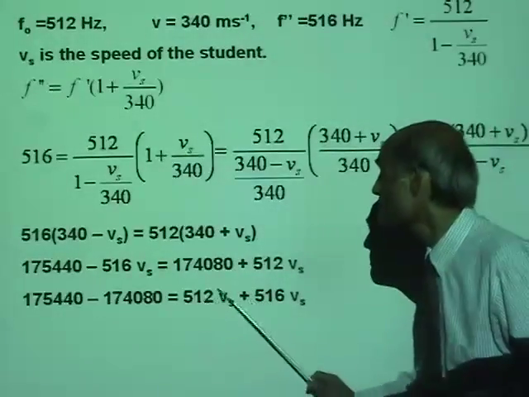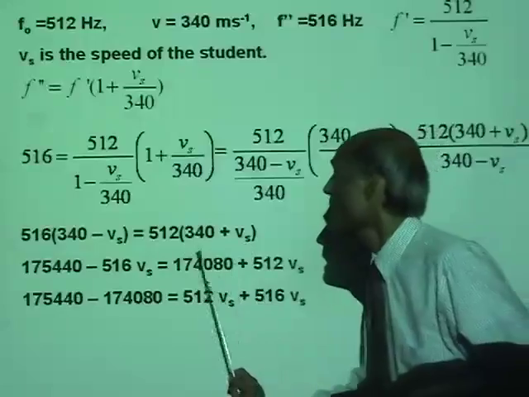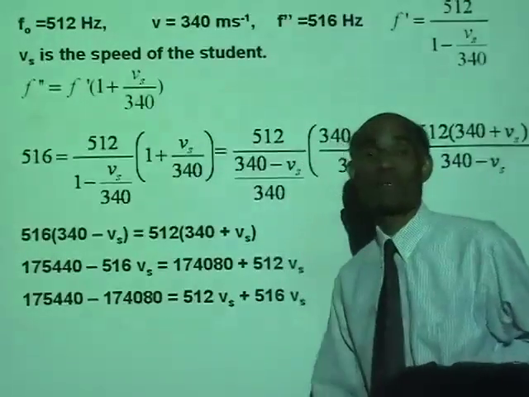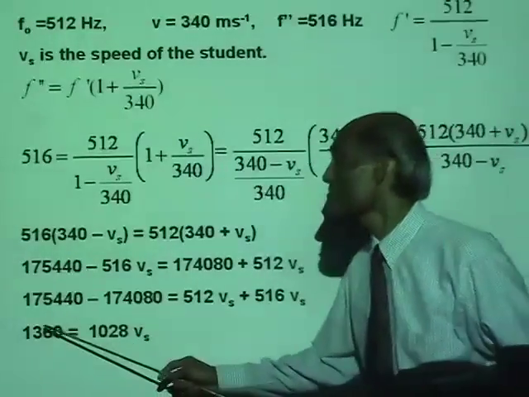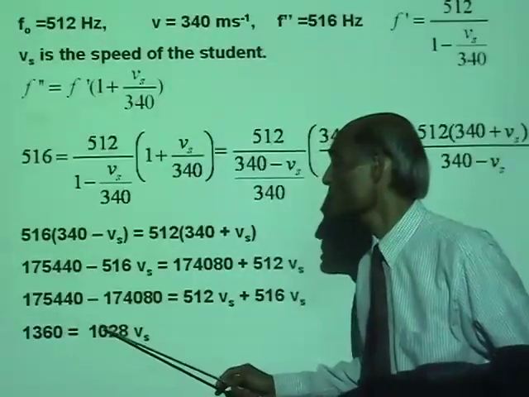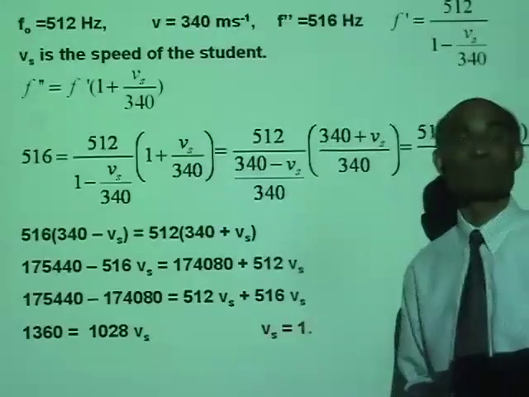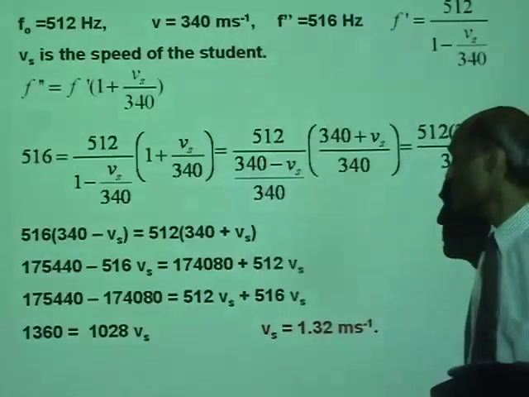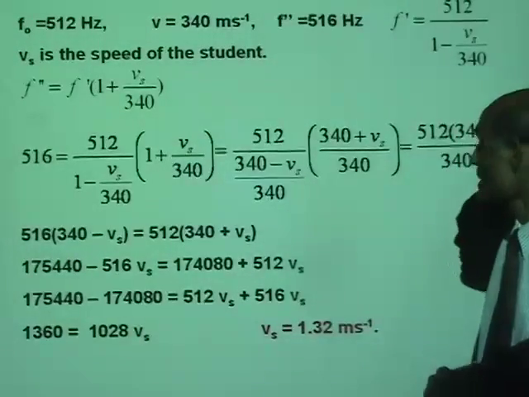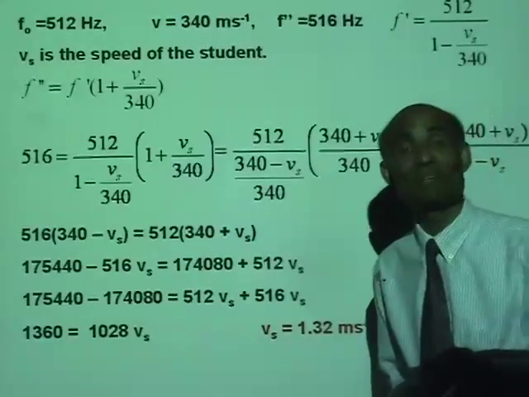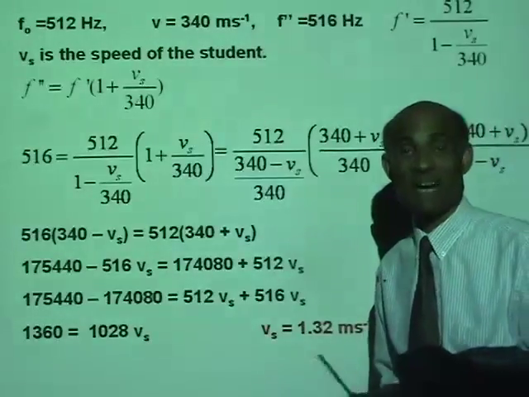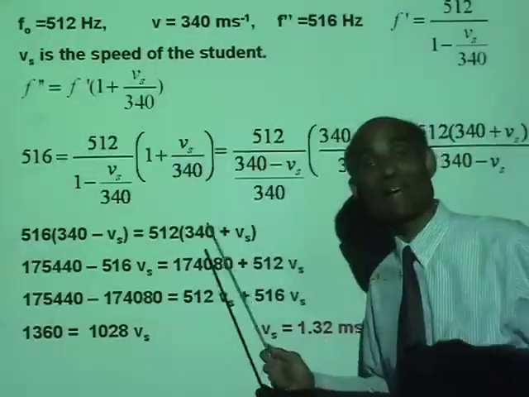Combine terms in Vs on the right side and the numbers on the left side, and that gives me 1360 equals 1028 Vs, or Vs equals 1.32 meters per second. Now, it has been a very good problem. I love this problem.